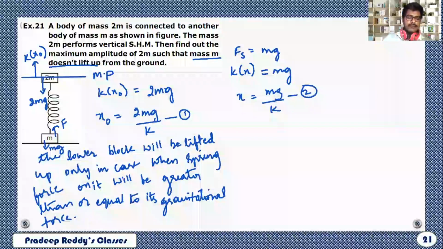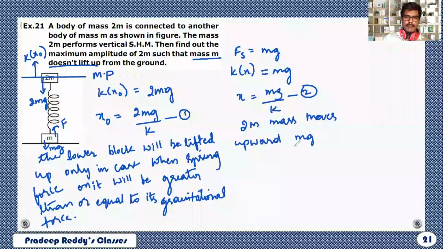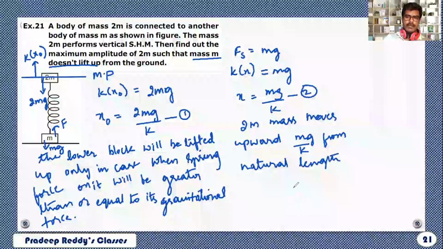Second situation is that 2m mass moves upward by a distance mg by k from its natural length.